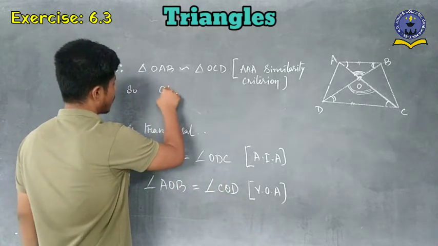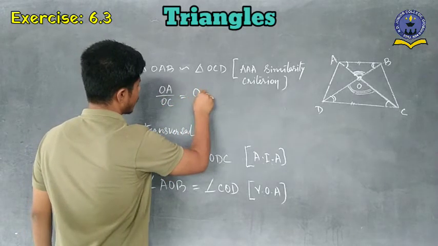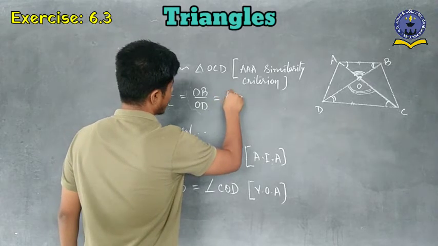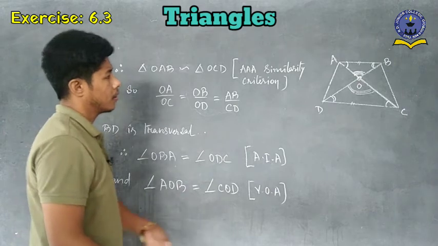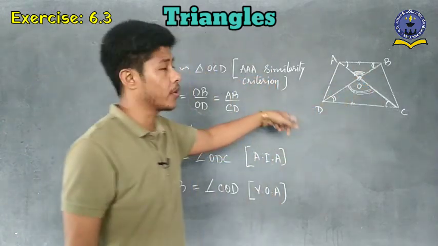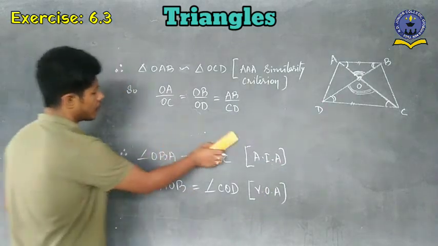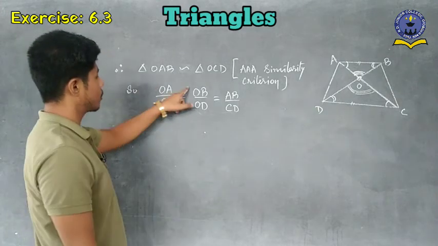We have to write OA by OC is equal to OB by OD is equal to AB by CD. Is it clear? Now from here, which part do we need? We need only this part, OA by OC, OB by OD.